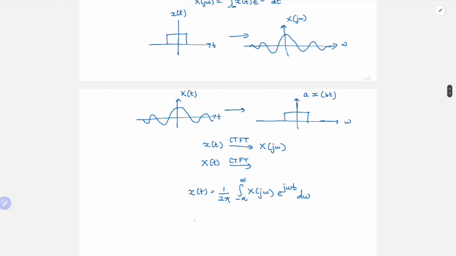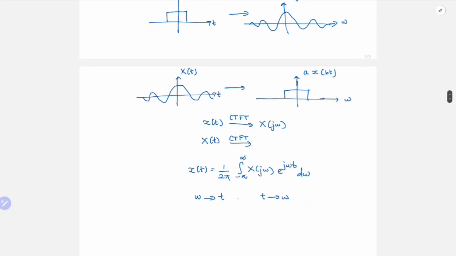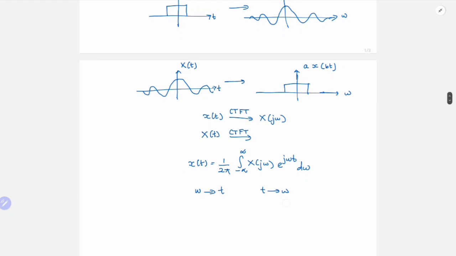So now what I'll do, I'll replace my omega terms with the t variable and t with omega. So this I can either do in 2 steps, where I replace omega with some other theta and then convert to t, and similarly t I can replace with some other variable and finally convert to omega. But instead of that, I am doing it in 1 step.